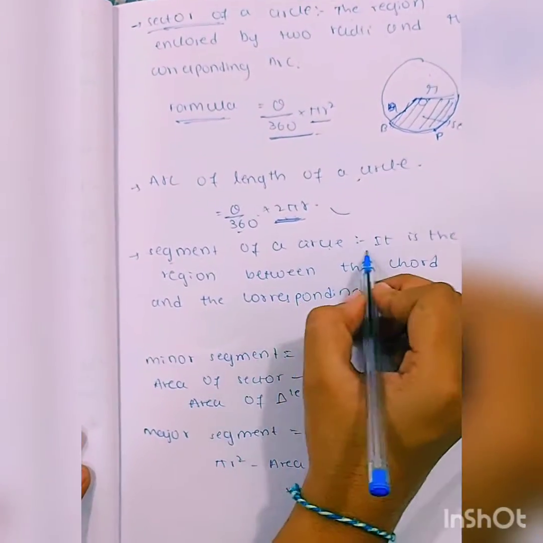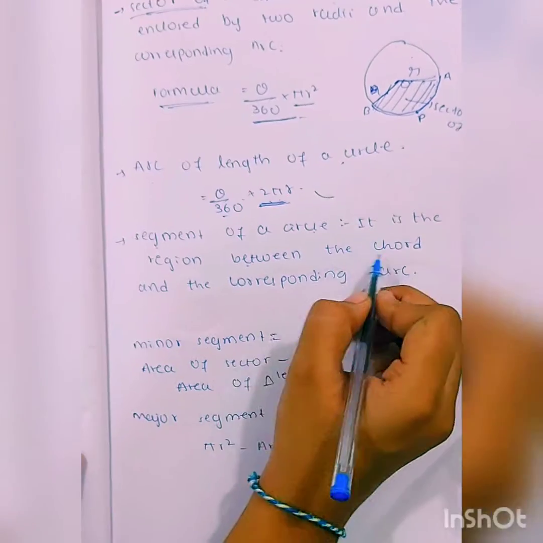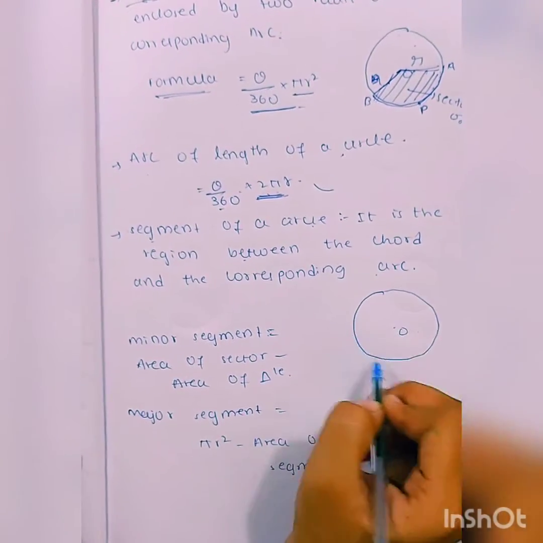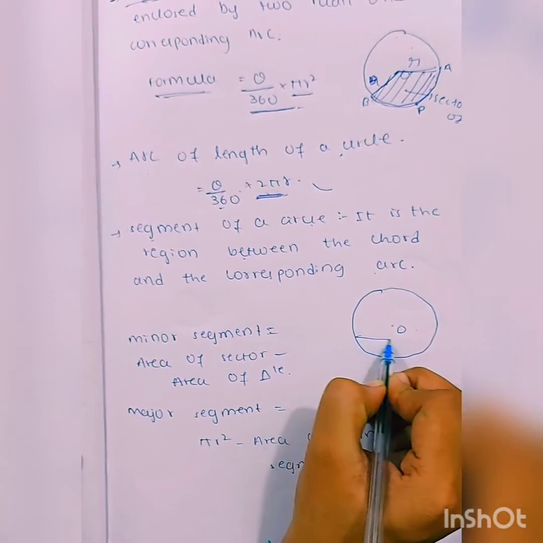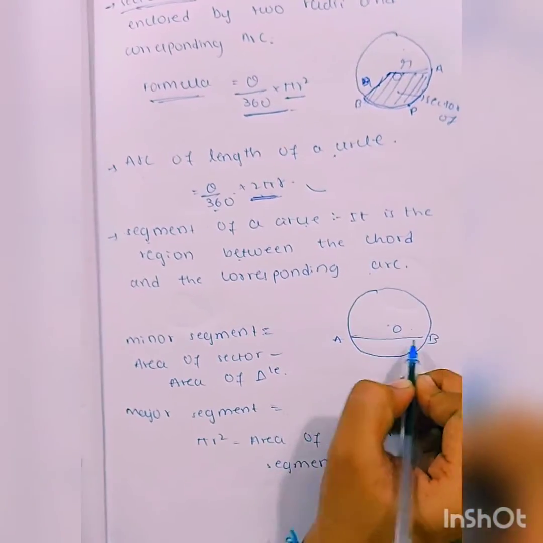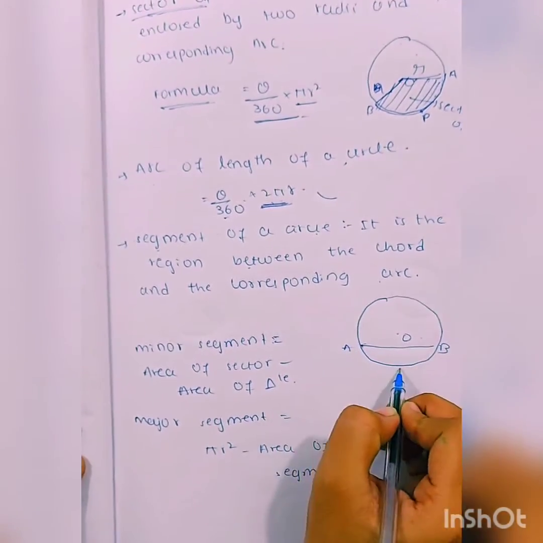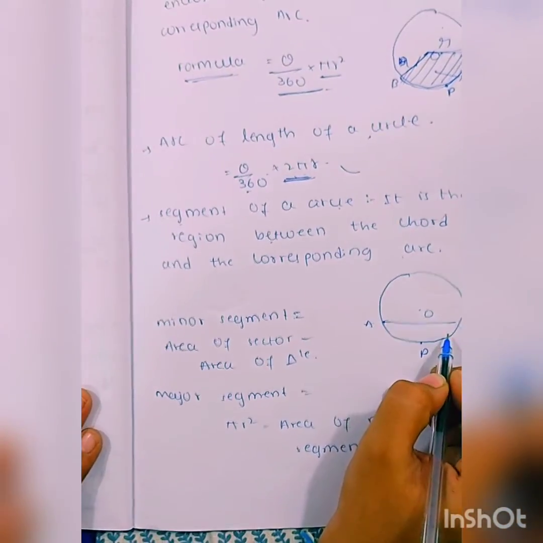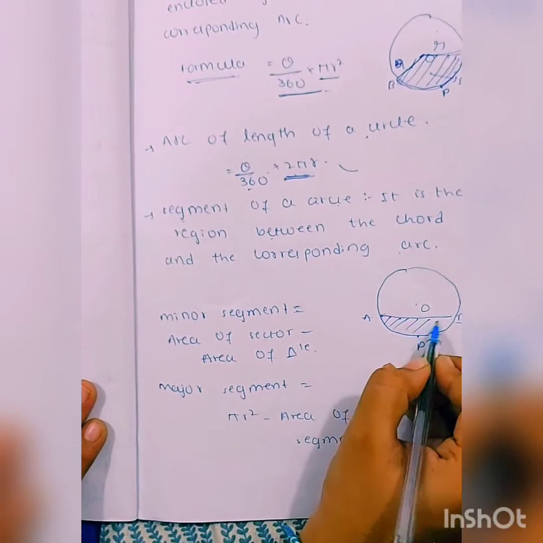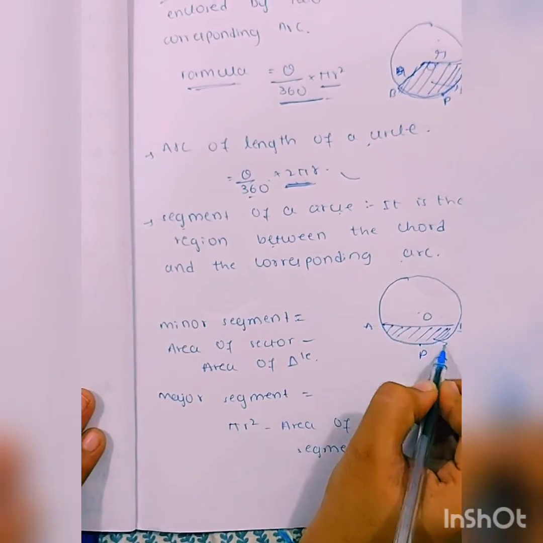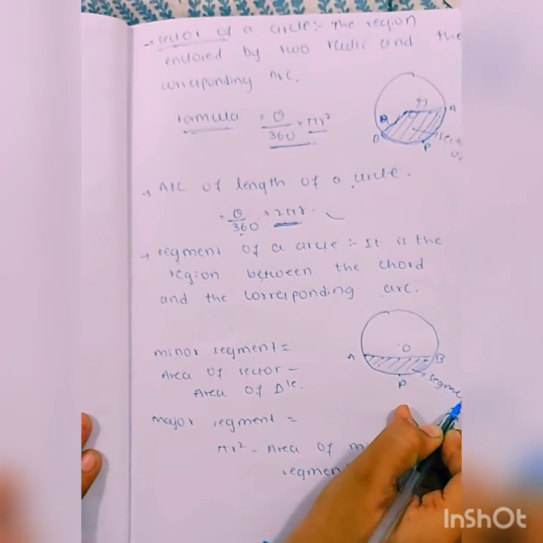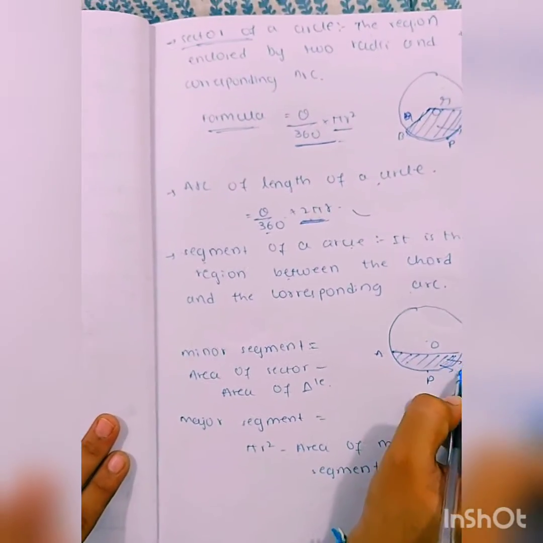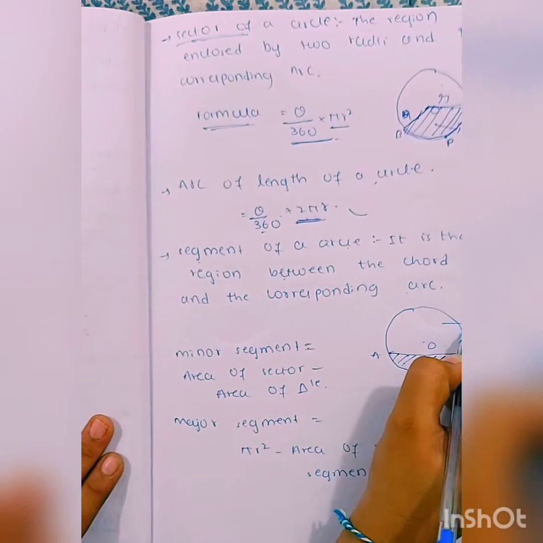Segment of a circle. It is the region between the chord and the corresponding arc. So when we consider a circle, here AB is the chord and APB is the minor arc, and the area which is enclosed by this is called a segment of a circle. And we have two types of segments, that is a minor segment and major segment.